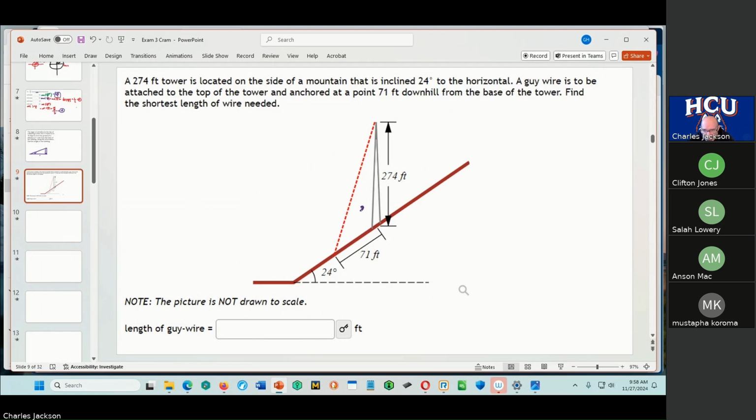Okay, so we've got this side length for the triangle. And we have this one, 71 feet downhill. We're trying to get this. And what about the angle? Now, that's 24.